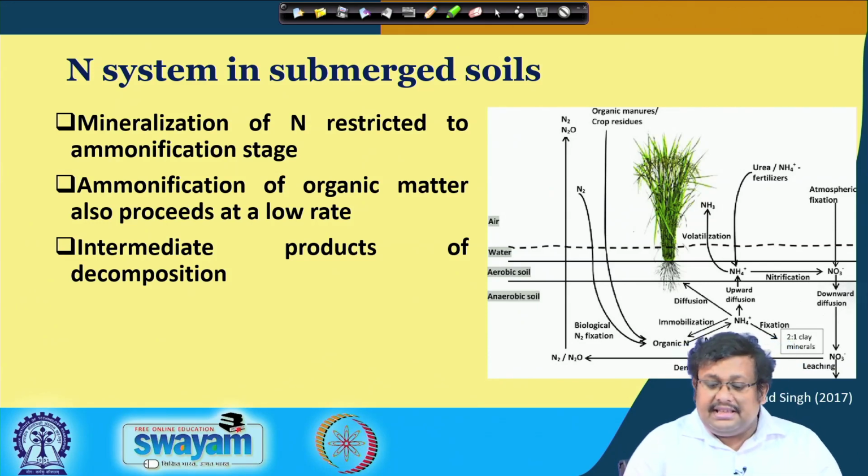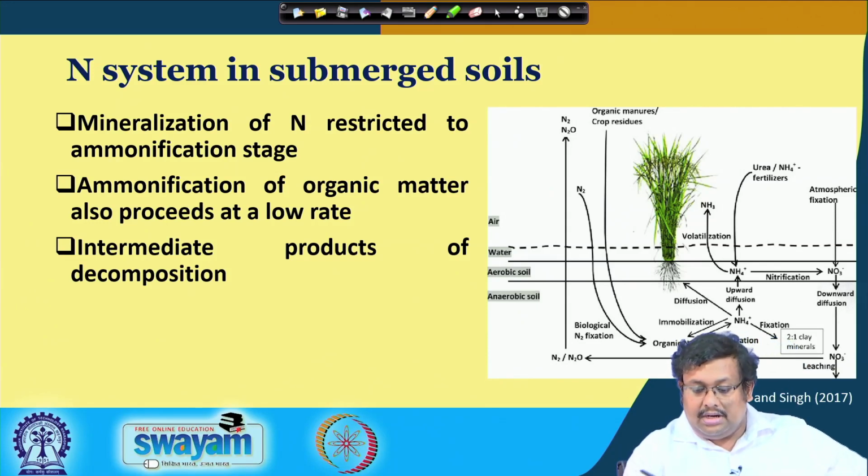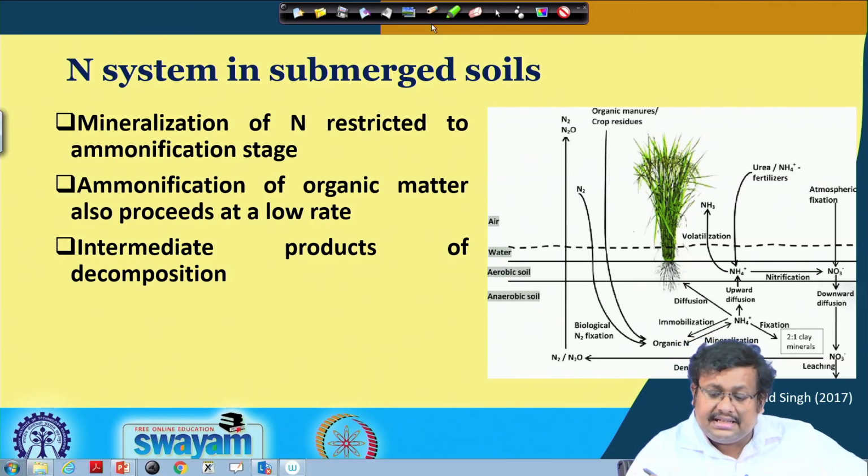This picture shows good nitrogen dynamics in submerged rice soil. Obviously, this is the water surface, followed by a thin aerobic layer and then the anaerobic soil.